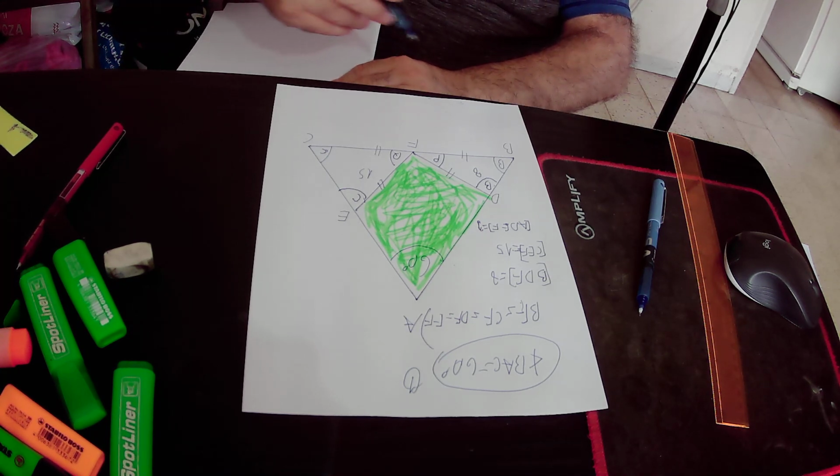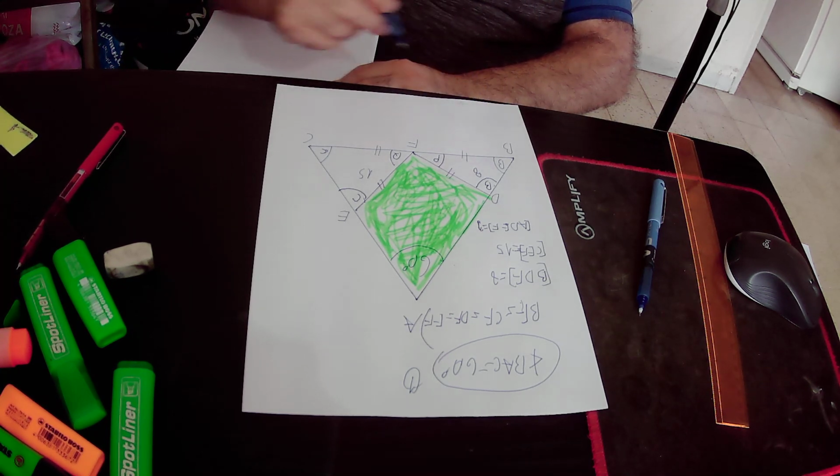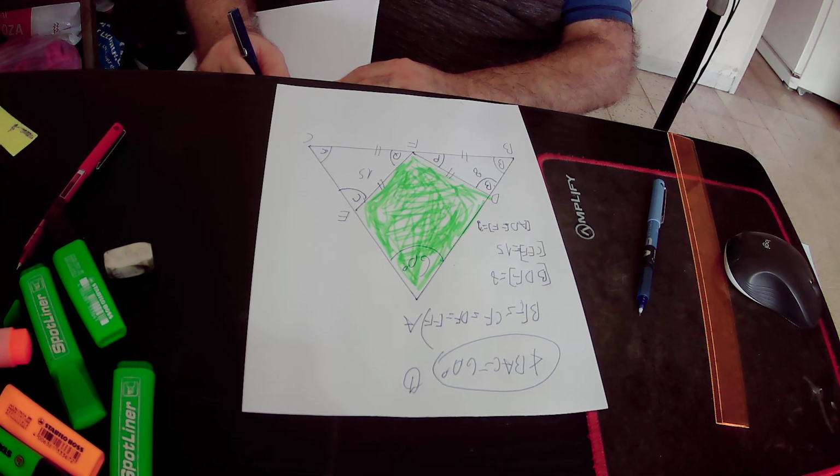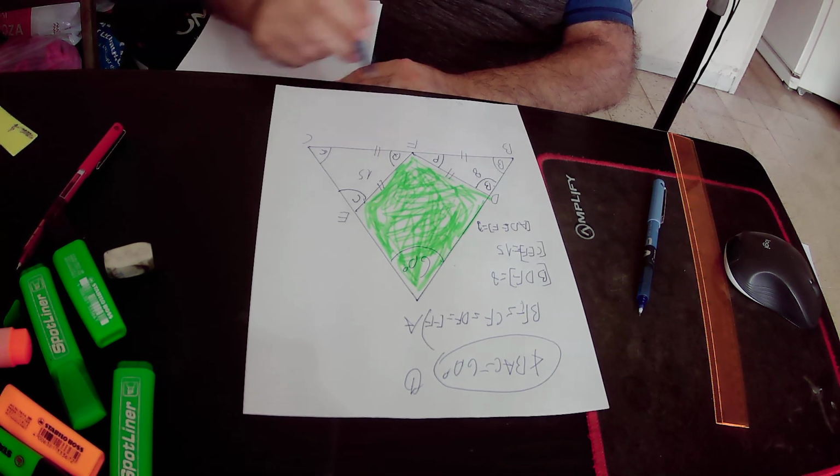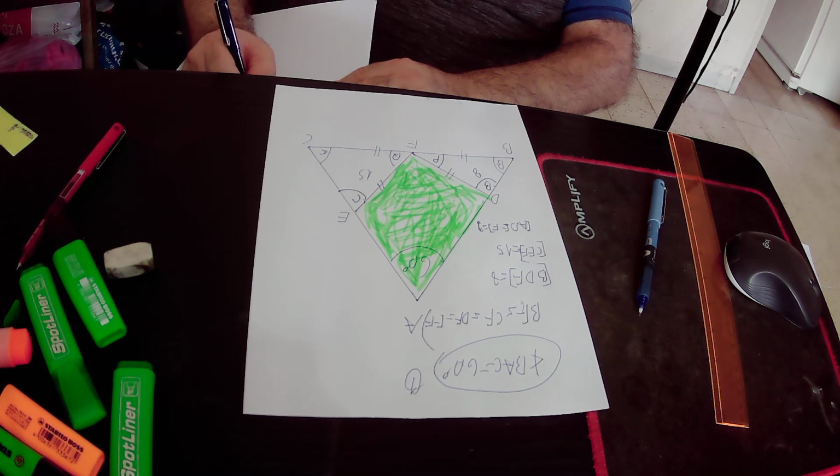That is to say angle B plus angle B, that is 2B, plus angle P must be equal to 180 degrees.